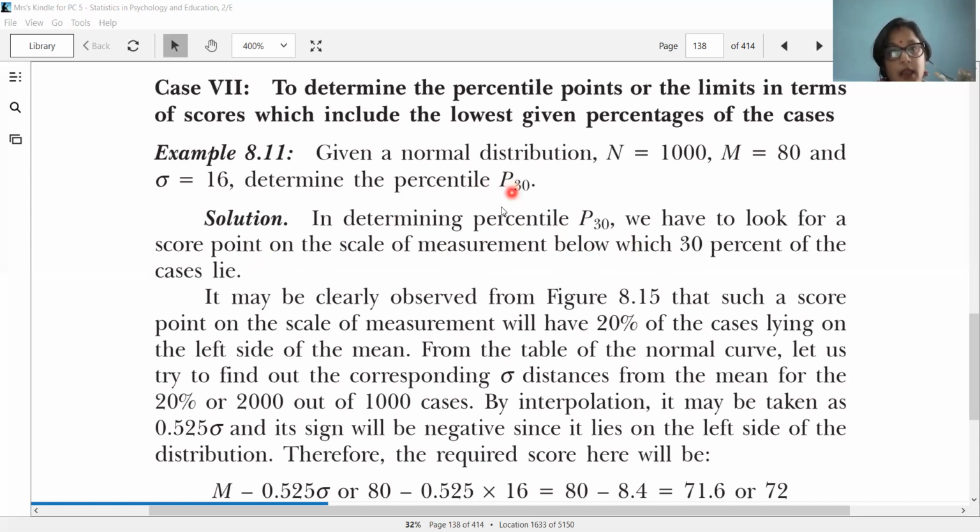So here, in order to find out P30 means we need to find out a score point below which 30% of the cases lie. Everything is written here clearly, and we need to first understand the thing.